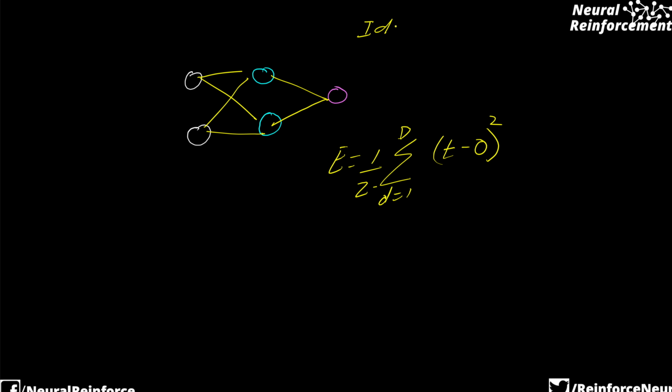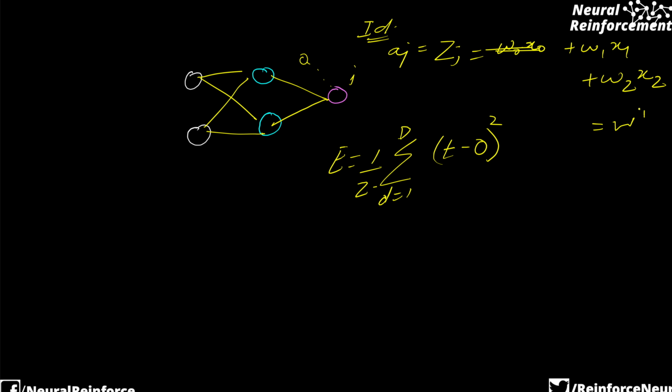So in the case of identity function, our aj is equal to our zj, assume this is the jth layer that we are talking about, which is equal to, and let's add bias if we want to, omega naught x naught plus omega 1 x1 plus omega 2 x2. Or for the moment, to make things simpler, just forget the bias, but it will be the same mathematics with or without it, because this will be constant. And in matrix notation, we can call it omega transpose x. Both will be the same thing, we'll use them interchangeably.